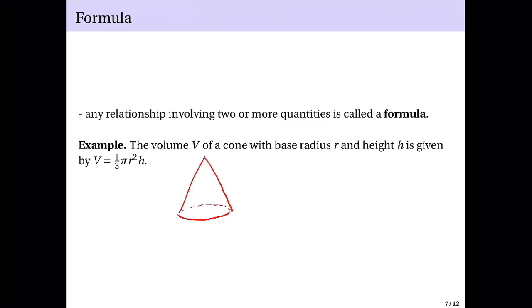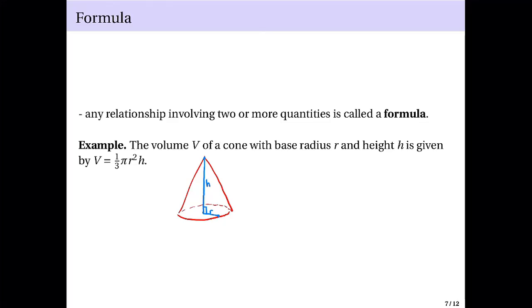On the base, from the center of the circle to the edge, this is your radius. And then the height will be from the tip of the cone going to the base, and this should be 90 degrees. So this is your h. The volume of this cone is 1/3 pi r squared h.